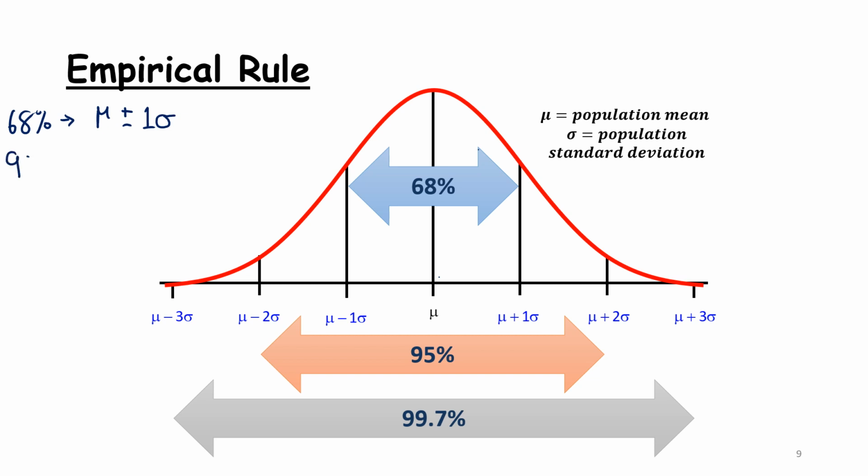The second part is 95% sits between plus and minus 2 standard deviations, and the third part is 99.7% of the data sits between plus and minus 3 standard deviations of the mean. So nearly all of the data sits within 3 standard deviations. There's 0.3% that doesn't, and that's 0.15 in either tail.